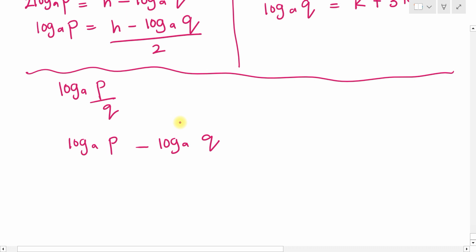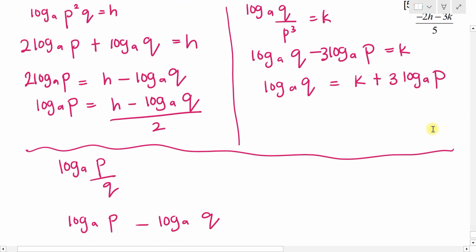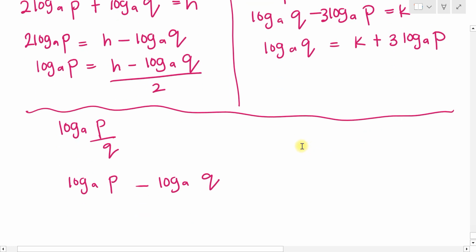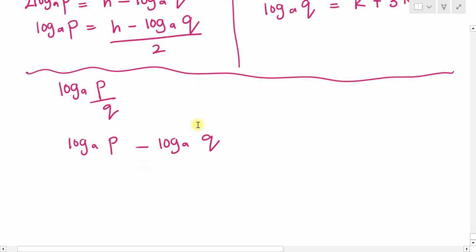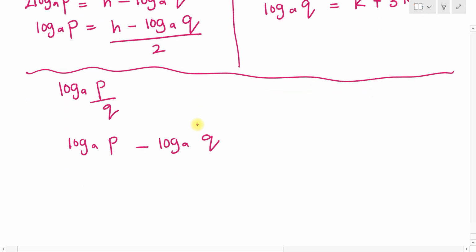Okay, I try to substitute first. The problem is we got log a P here and log a Q here. Okay. Never mind, let's try to substitute it. Log a P, I try first.